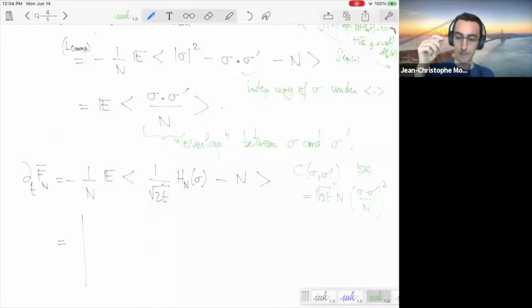Okay. So then I compute C of sigma sigma, it gives me n, and then it cancels with the minus n. And then what remains is sigma dot sigma prime over n squared.